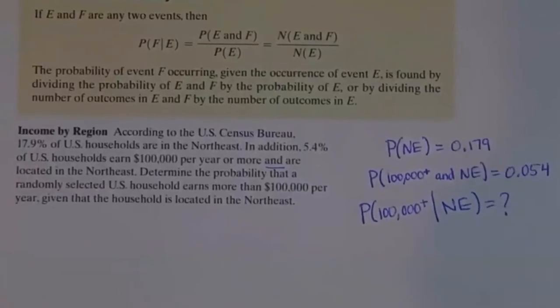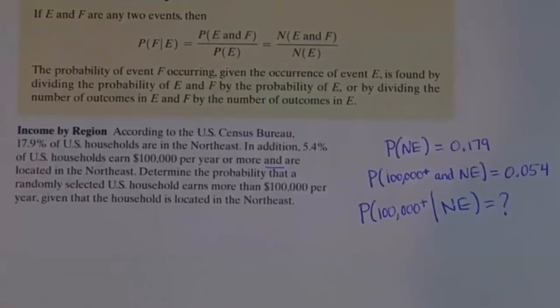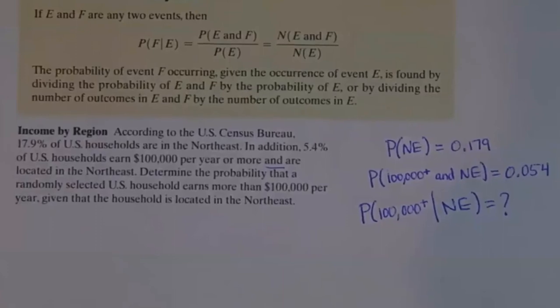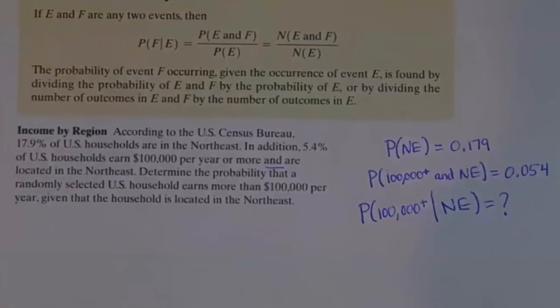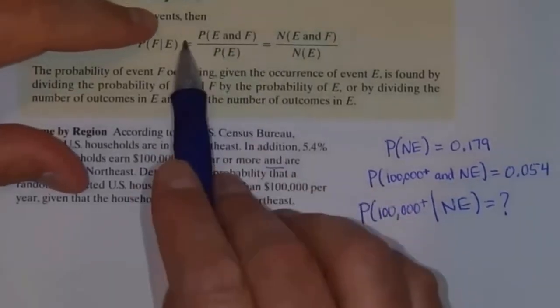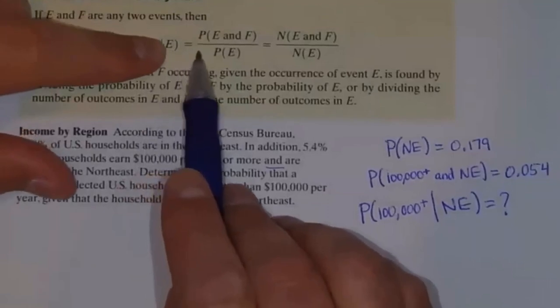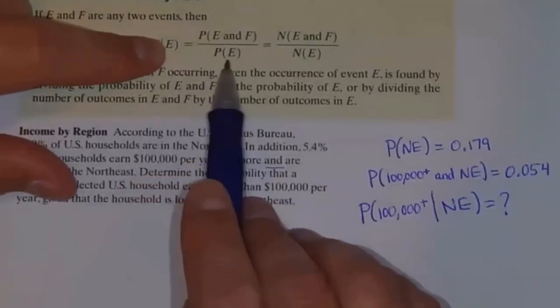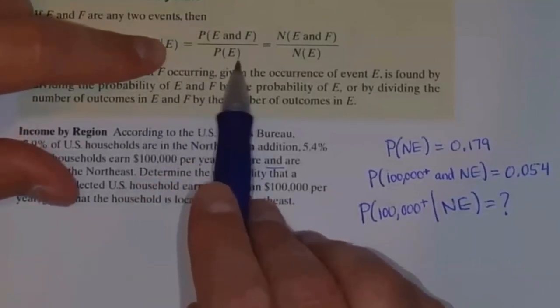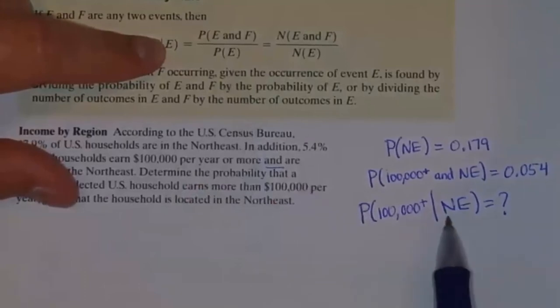So if I know the probability of living in the Northeast is 0.179, if I know the probability of 100,000 plus and in the Northeast is 0.054, can I find the probability of 100,000 plus given that the house is in the Northeast? Well, that is using this idea. The probability of F given E is equal to the probability of E and F divided by the probability of E. So this is my F given E.